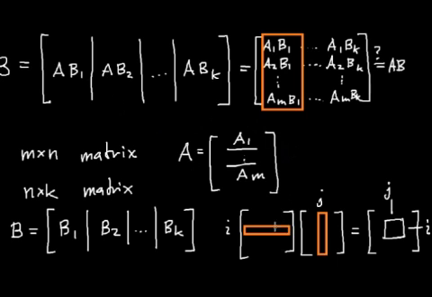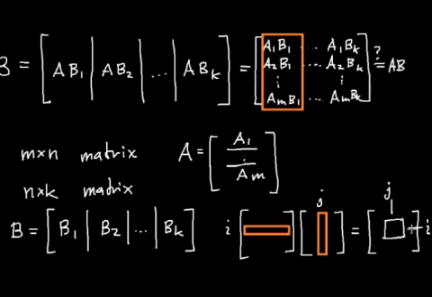By a similar rule as for matrix multiplication in the general case, the first entry here is the first row of A multiplied by the first and unique column of B. So that's A1 B1. And the second entry here should be the second row of A multiplied by the first column of B, just like here.